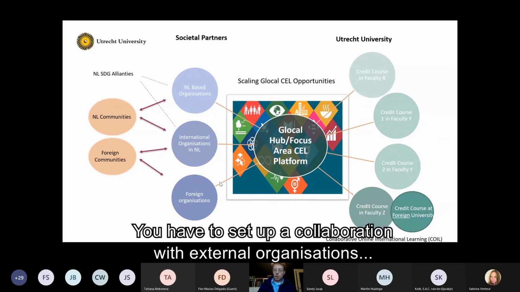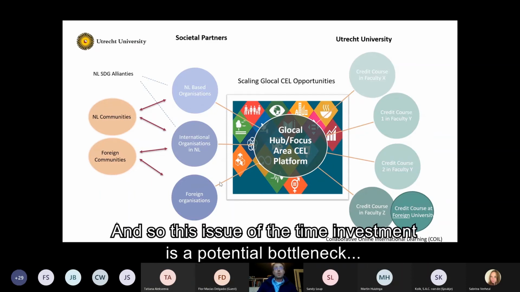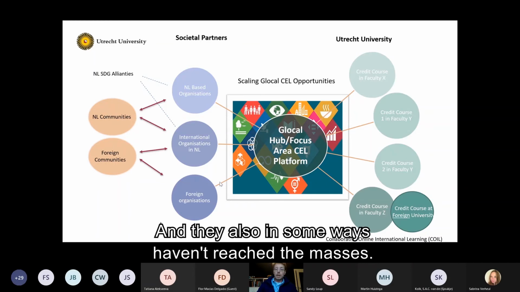You have to set up a collaboration with external organizations, there are reputation issues, and it just takes time. So this time investment is a potential bottleneck to scaling community engaged learning, and to have it reach the masses.